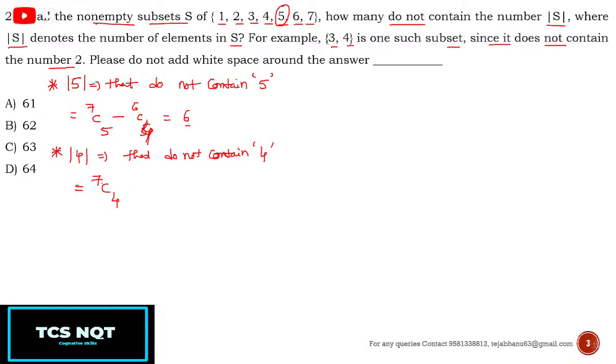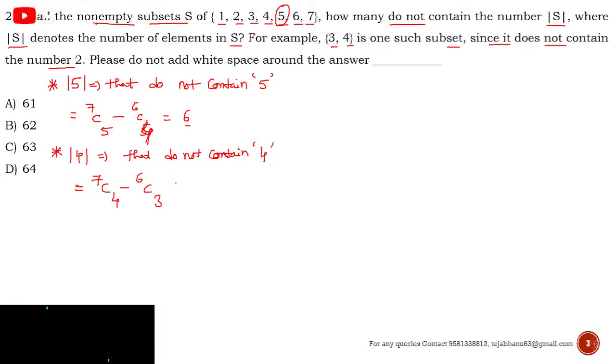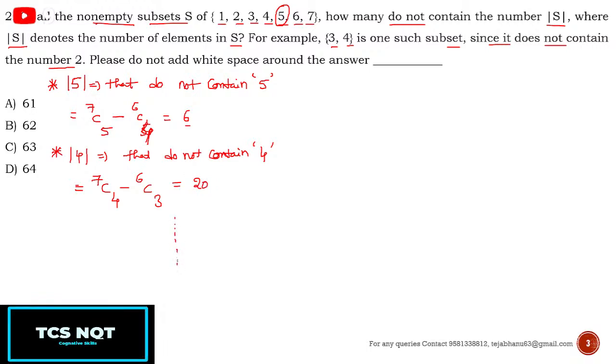Out of 7 I am selecting 4, minus, out of 6 I am selecting only 3. For 4, I am not taking 4, I am taking 3. 7C3 minus 6C2. Answer is 20. This is how we have to keep going, which kills our time. No doubt, this is a somewhat confusing method and it will kill our time.